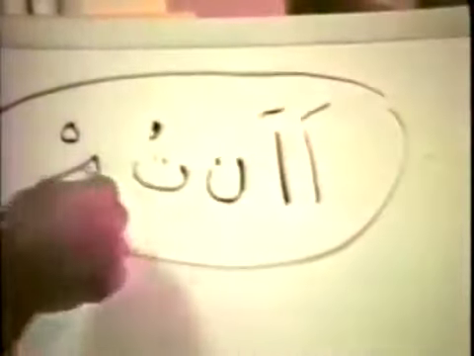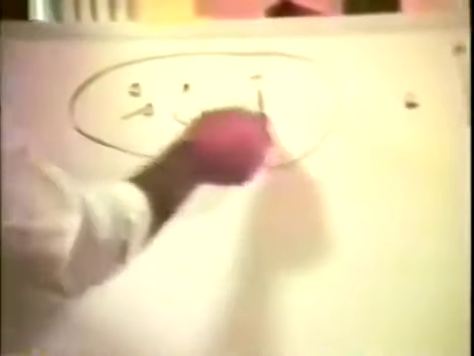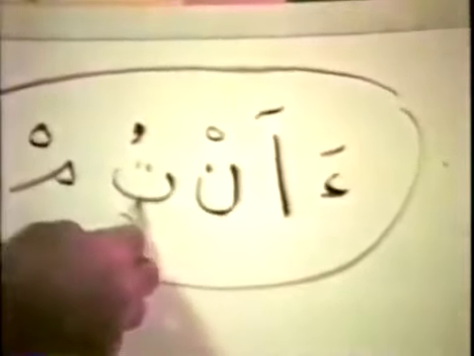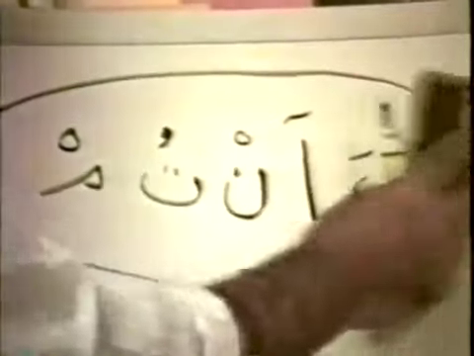This is a word in Quran, Antum. But instead of doing this, they usually substitute the Hamza for the first alif, like I showed you before in the word Quran. So it looks like this, Antum, which means are you. So this is where the letter Alif is substituted with the Hamza.